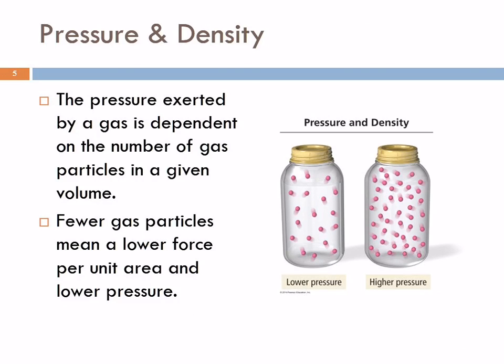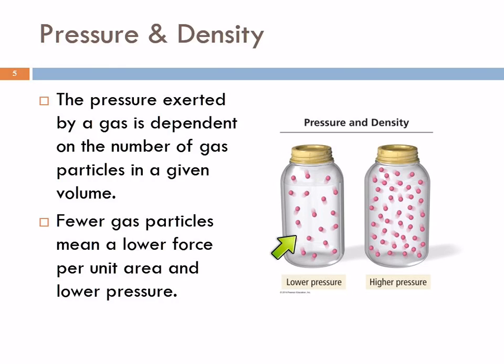Here's an illustration of pressure. Here we have 2 mason jars, and this one has some gas molecules, and this one has more gas molecules. So the pressure in this one with the few particles is going to be lower, and the pressure in the one with more particles is going to be higher.